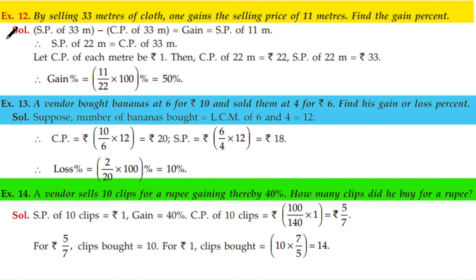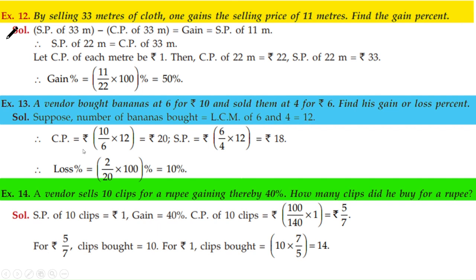A vendor bought bananas at 6 per 10 rupees and sold them at 4 per 6 rupees. Find his gain or loss percent. Suppose the number of bananas bought equal to LCM of 6 and 4, that equal to 12.